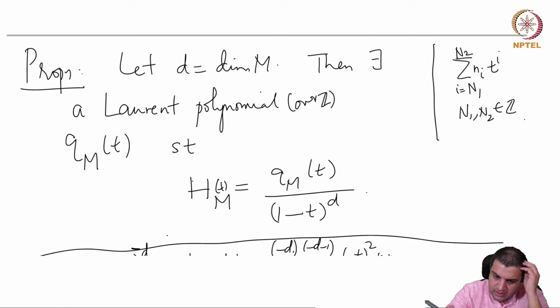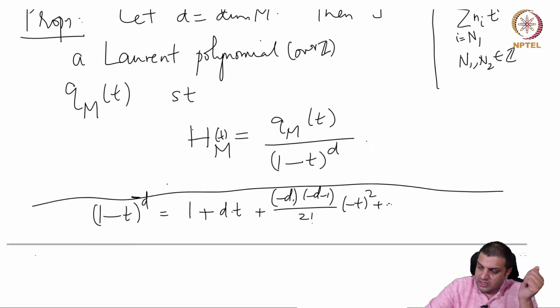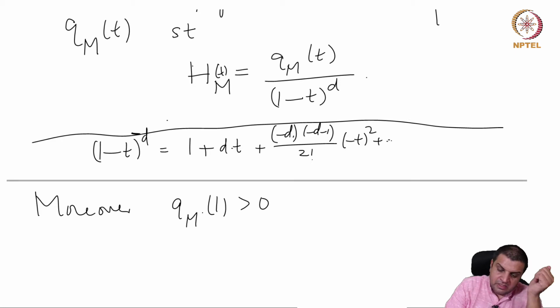Let's read it again. d is the dimension. Then H_M can be written as some Laurent polynomial divided by (1 minus t) to the d. We have to allow for negative exponents because M could be non-zero in finitely many negative degrees. But this has the property that Q_M of 1 is nonzero.